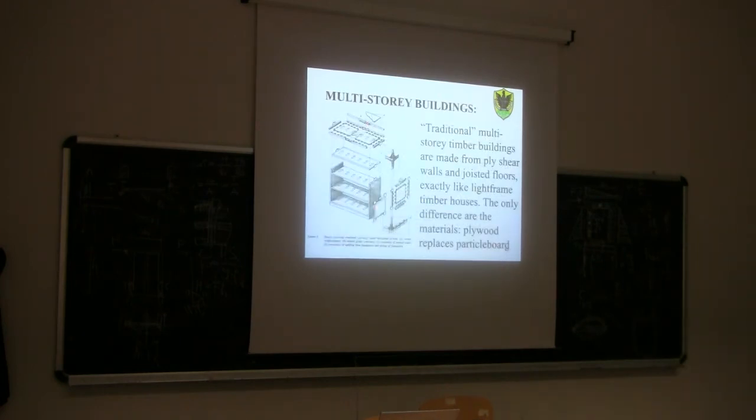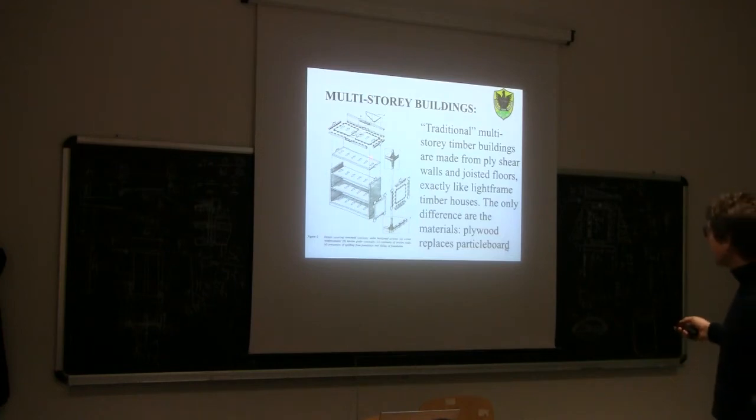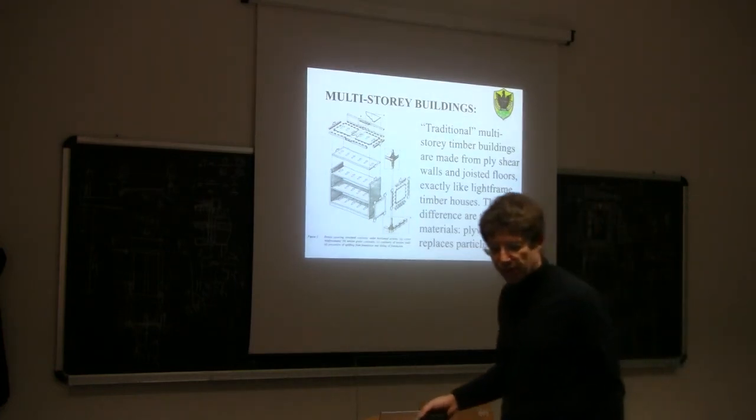So for multi-story buildings, as you can see, we have the same kind of structure. So we have a vertical wall acting as a cantilever like before. And then we have these horizontal diaphragms, which are acting as a deep beam loaded in plane by the horizontal forces due to wind and due to earthquake.